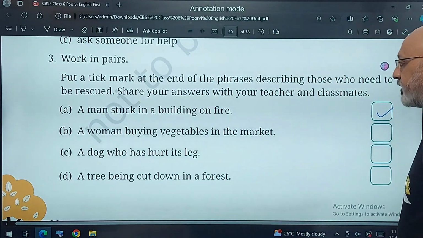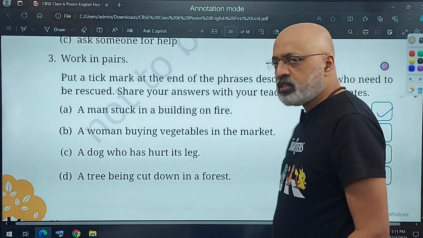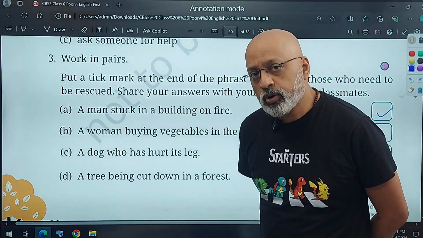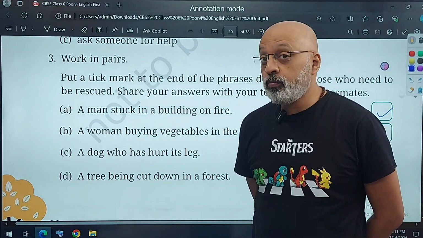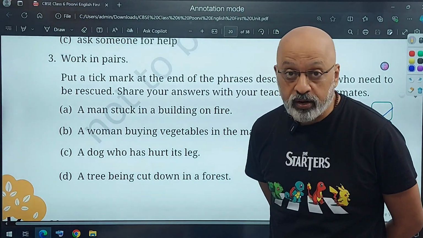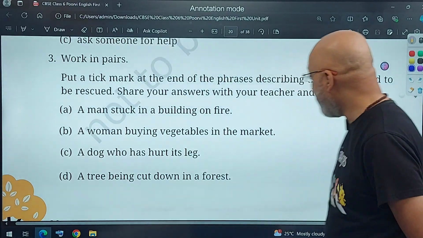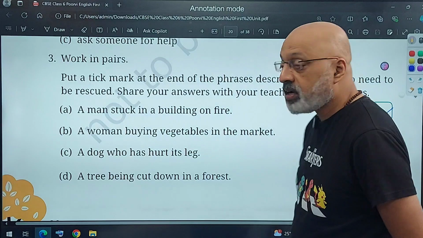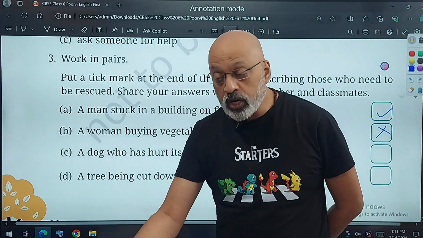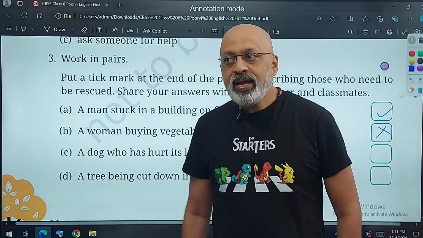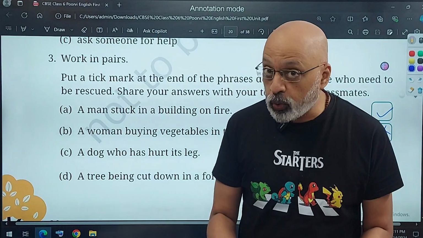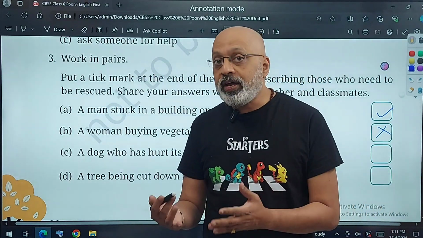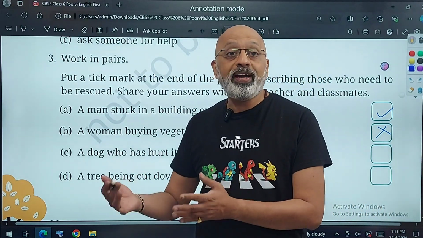So this is correct. A woman buying vegetables in the market. बचाने की जरूरत है. Do you need to save a woman who is buying vegetables in the market? No, she doesn't need to be rescued. So this is not applicable. A dog who has hurt its leg. Yes, of course, you need to save him. In the sense, it's not classical rescue, but you need to ensure that the dog gets first aid.